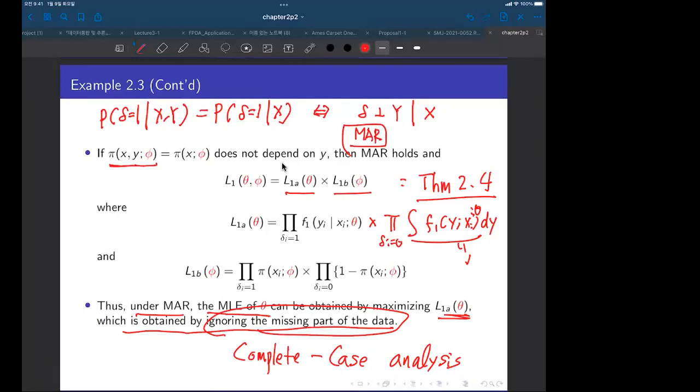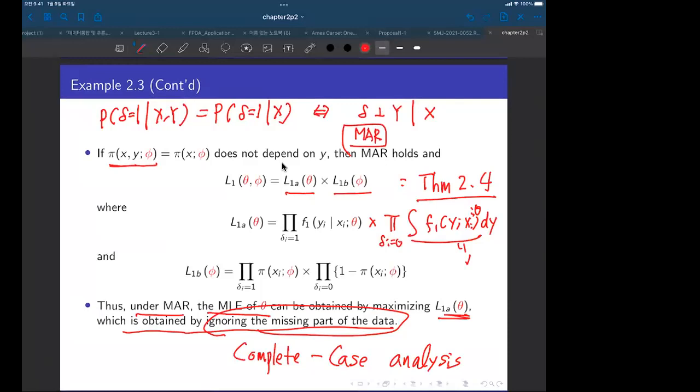You are using a function like complete cases and you just ignore the rest. The default option in R is this one. And the theory here basically says that that is not bad. Actually, that's the best one under MAR. That is good news for us, because what we have been doing so far is not totally wrong, in some sense, under the MAR condition of course.